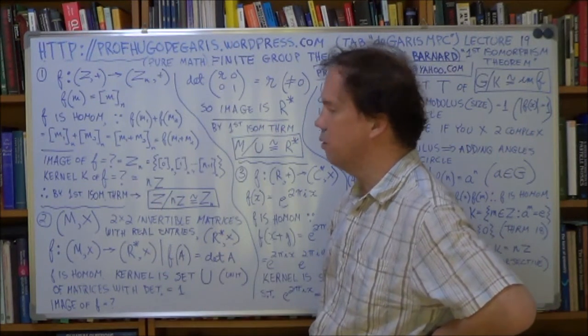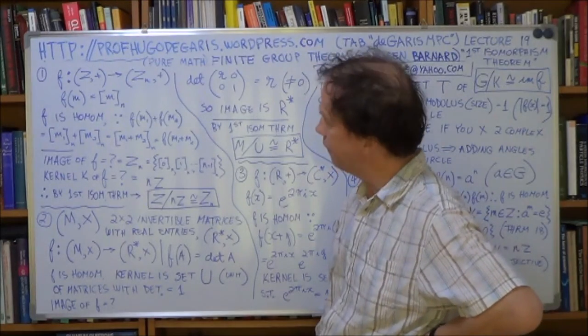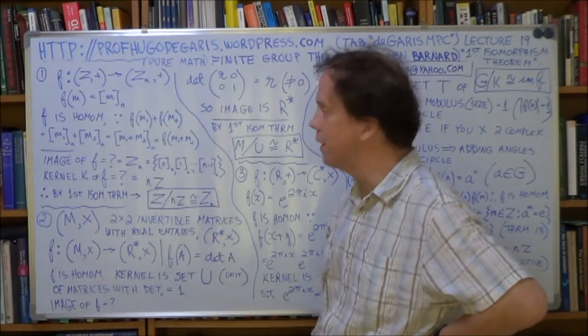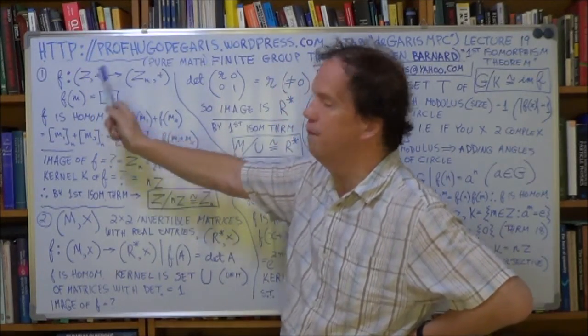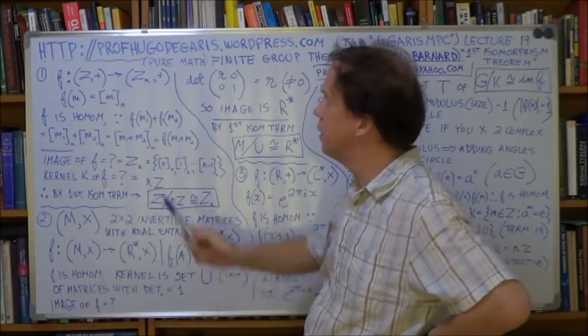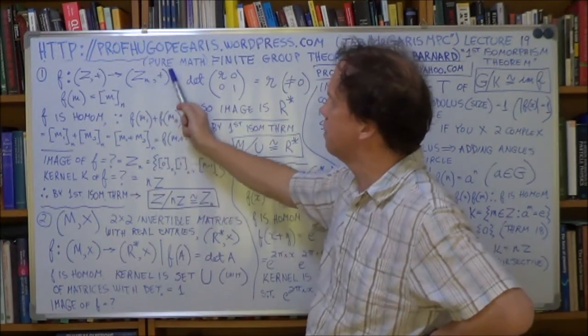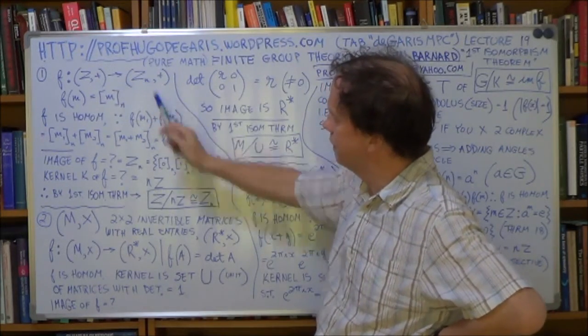If it's homomorphic, then it will have a kernel: the subset of big G, the integers, that map to the unit of H, your target group. Now what is the unit of this?